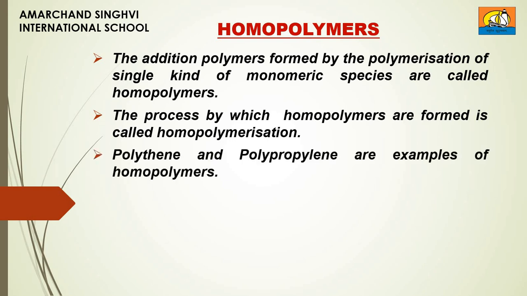Polythene and polypropylene are examples of homopolymers. Polythene is a polymer made up of the monomer ethene. So there is a single monomer in polythene. Similarly, polypropylene is a polymer made up again of a single monomer, that is propylene, which is also known as propene.